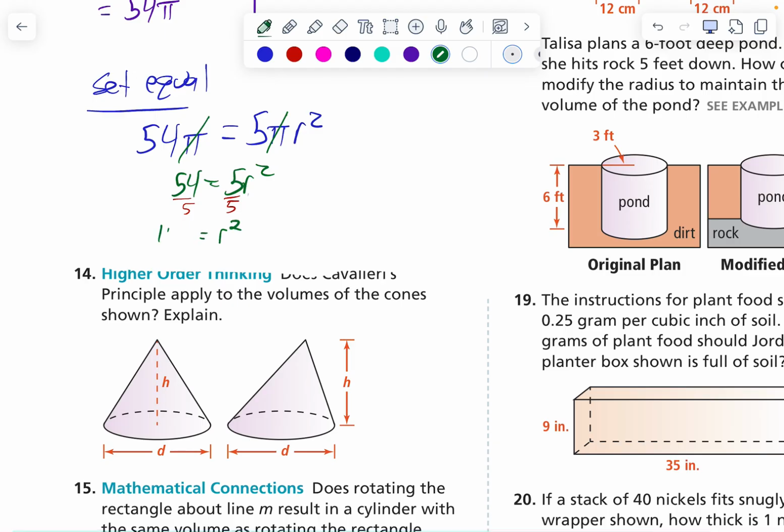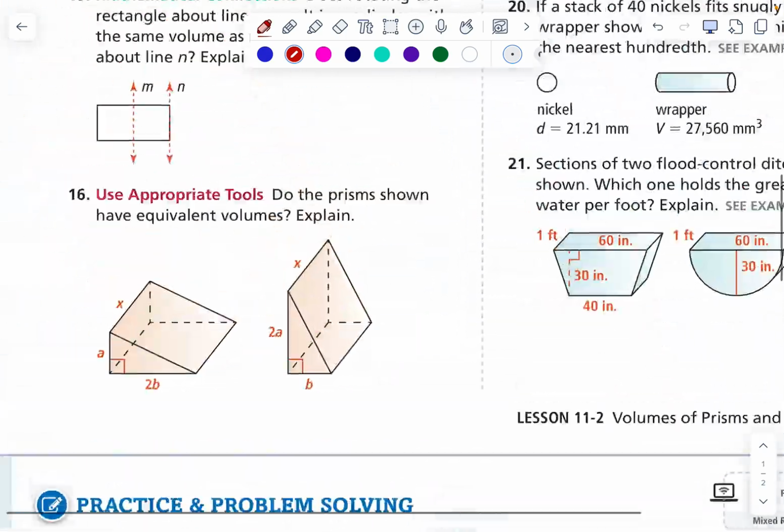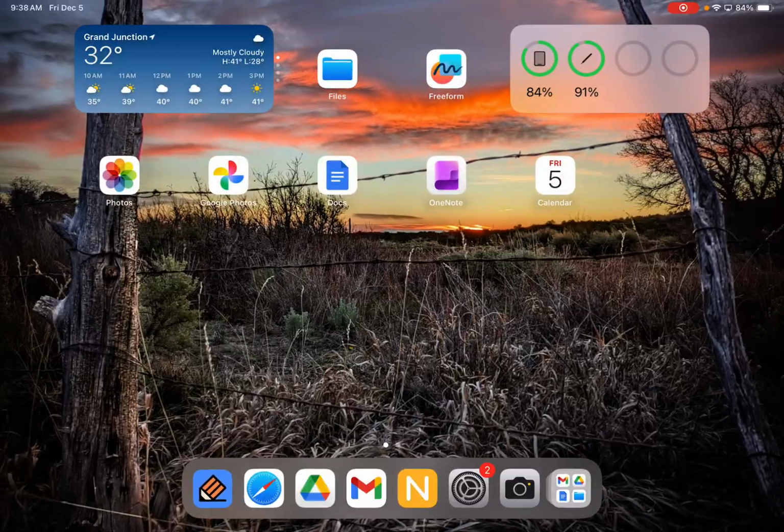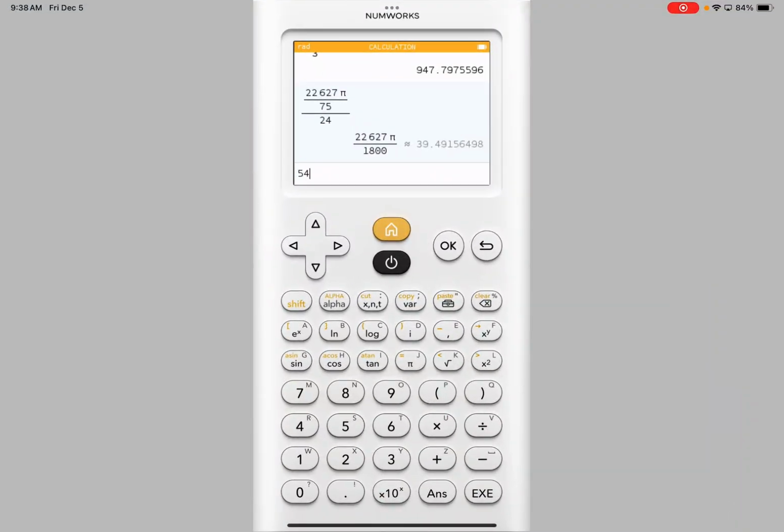There we go. 10.8. Anyway, how do we get r by itself? .29.